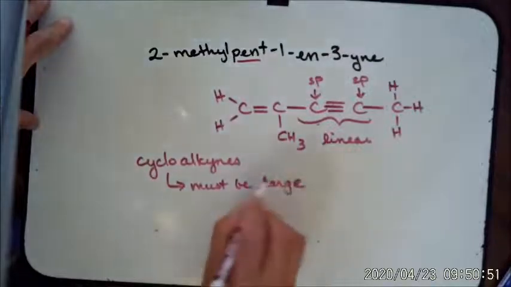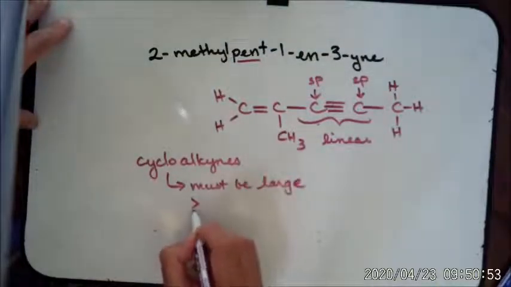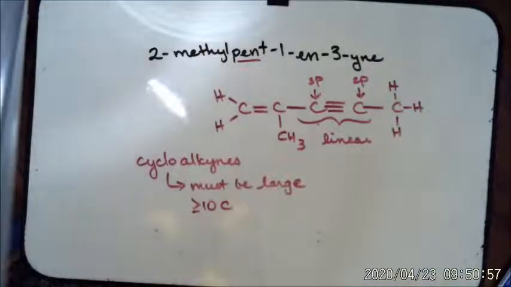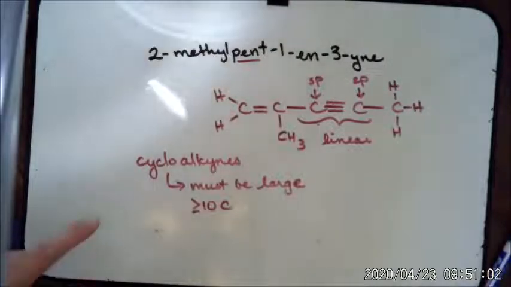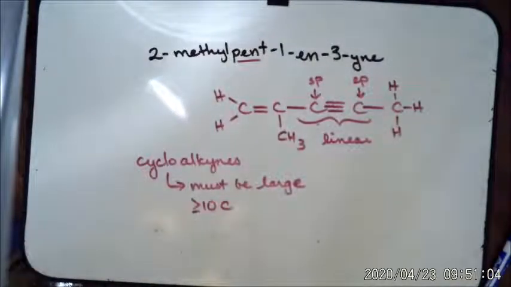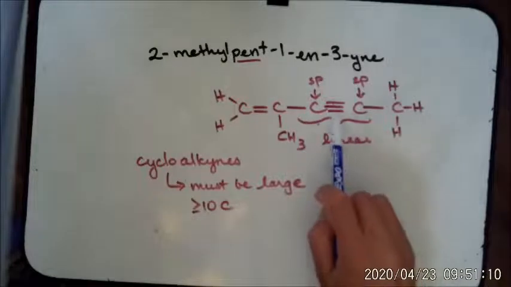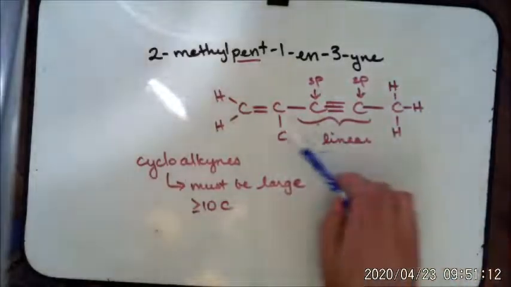We're probably talking about greater than or equal to 10 carbons before you can actually close the ring on itself. So we do have size limitations, so we really don't talk about cycloalkynes too much just because of that. And this alkyne is an internal alkyne, as you can see inside the molecule.